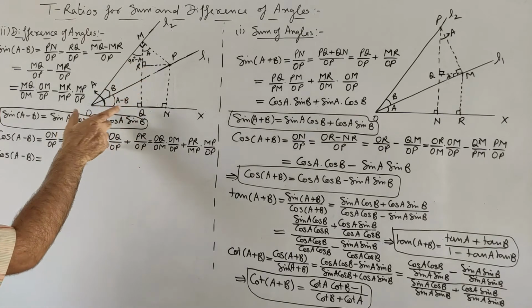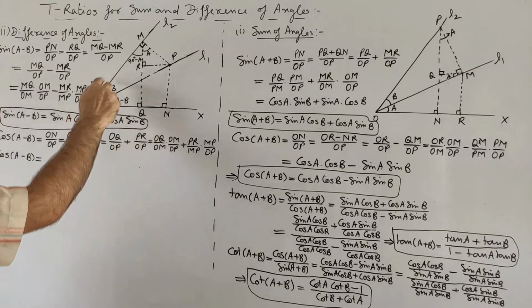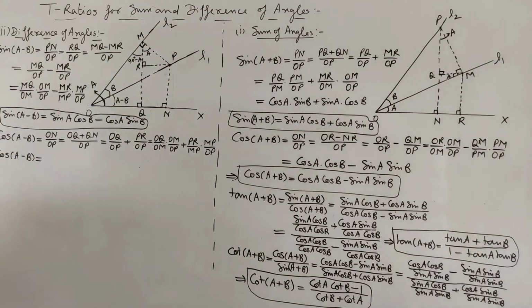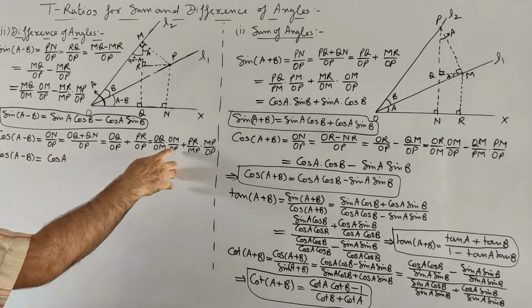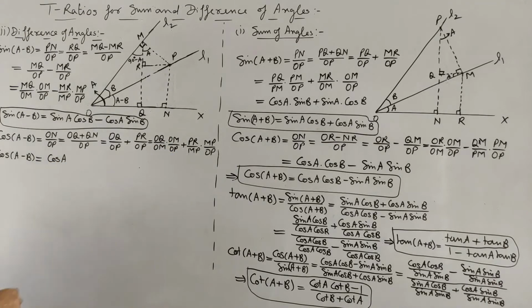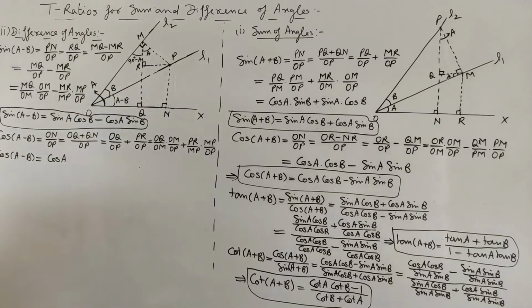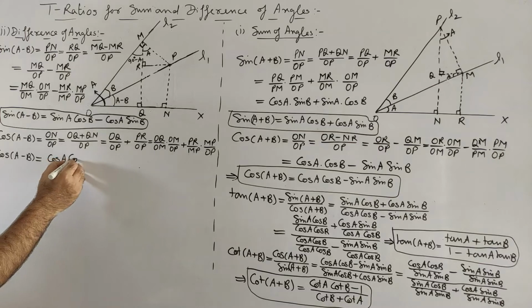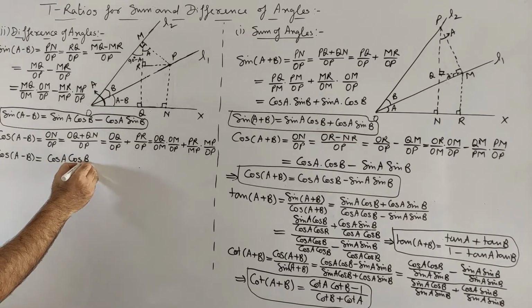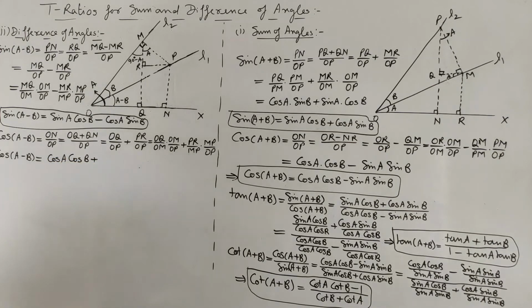OQ base upon OM hypotenuse means for angle A it is cos A. Now OM upon OP, OM is base and OP is hypotenuse for angle B. So base upon hypotenuse means cos, so it will be cos B plus PR upon MP.